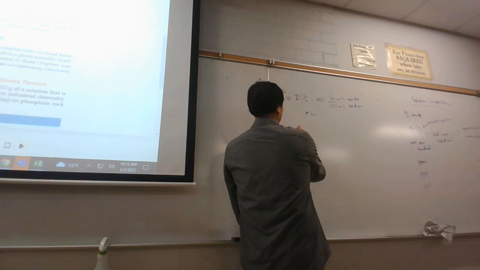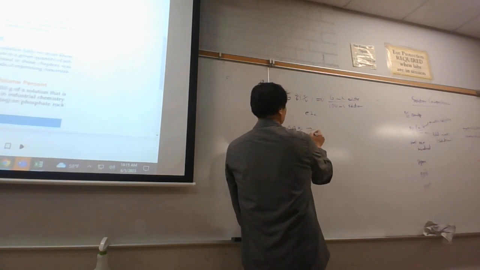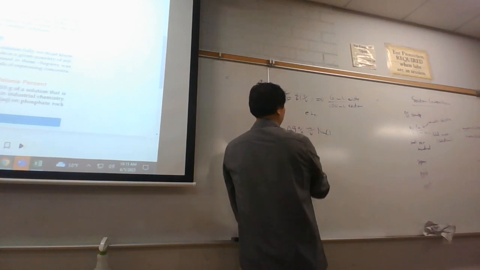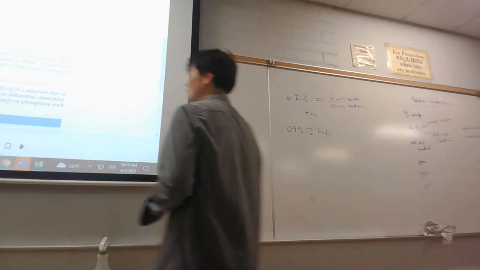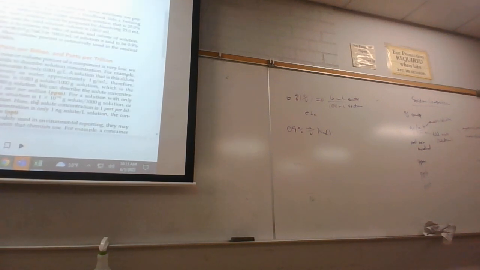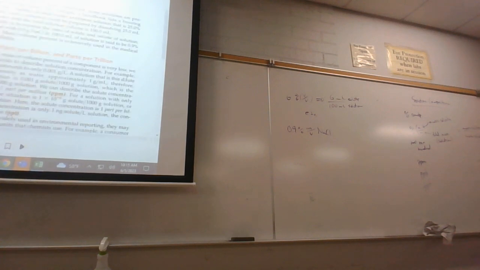But I could have a M over V. If I do this, this is 0.9% M over V sodium chloride. It has a common use. Do you know what it is? Yeah. Let's see.